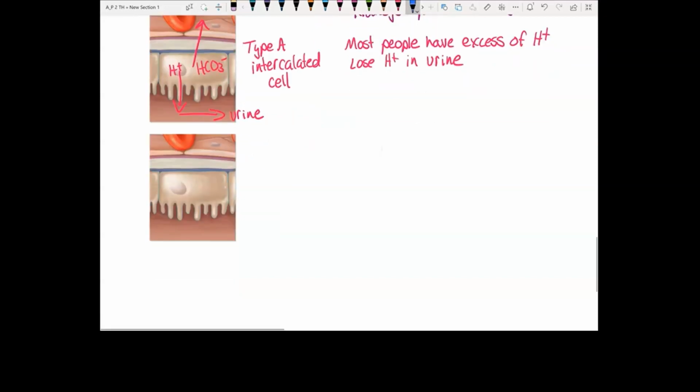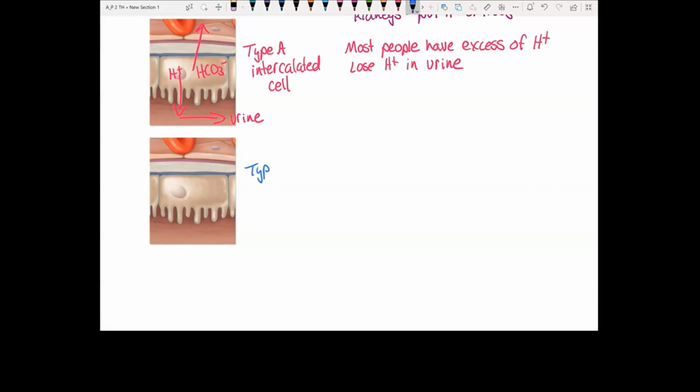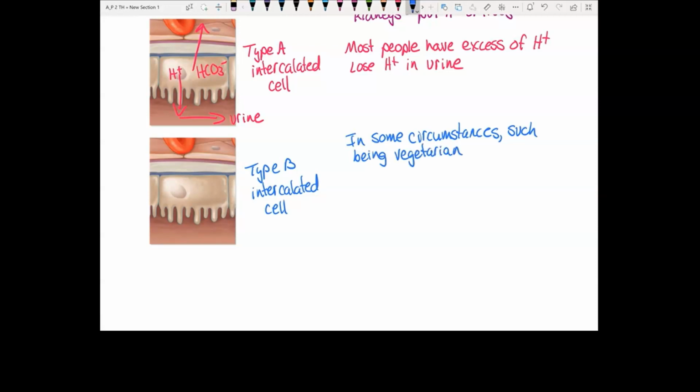The other type of cell is the type B. In some circumstances, such as being a vegetarian, you actually want to keep the hydrogen.